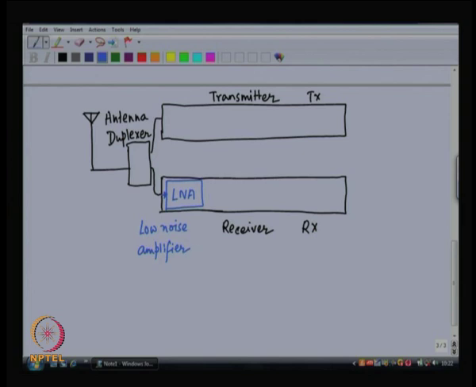It has got to be an amplifier. You are receiving a tiny signal from the atmosphere, and this tiny signal has to be amplified, so that you can make sense of what was spoken on the other side. So, it has got to be an amplifier.